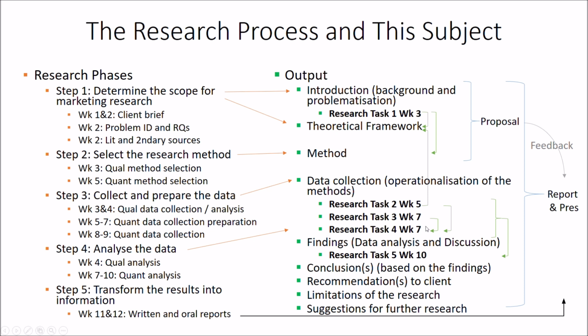Research task 3 builds onto research task 4, and also research task 2 can build into research task 4, which is the design of the instrument. So these are all related together, and all of these data collection methods can become part of the data that research task 5 needs to build a plan for.